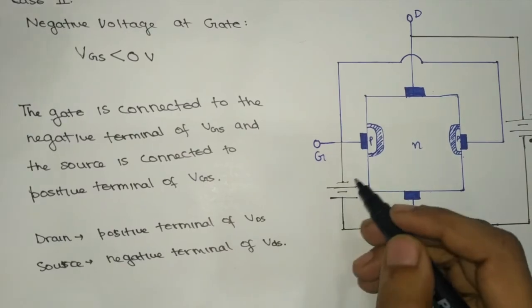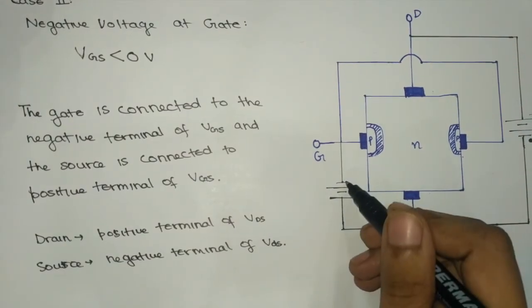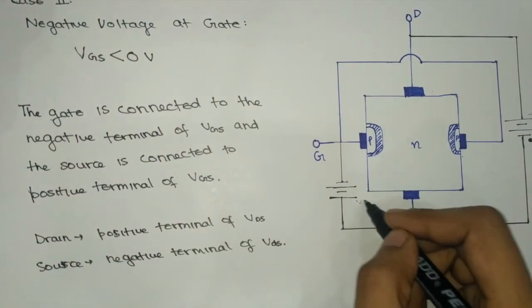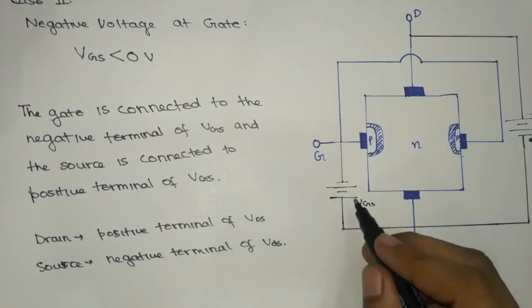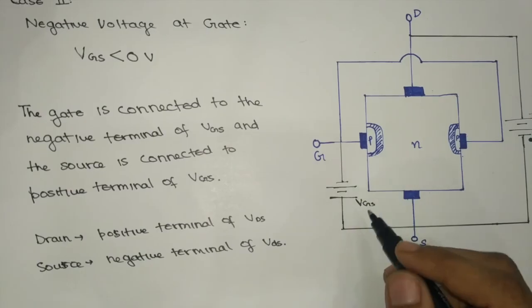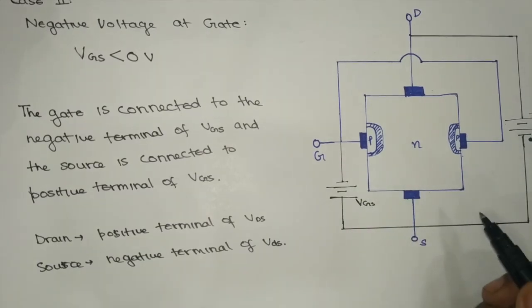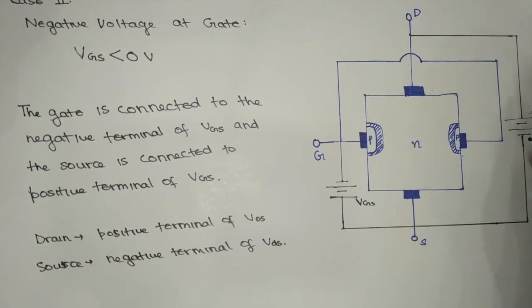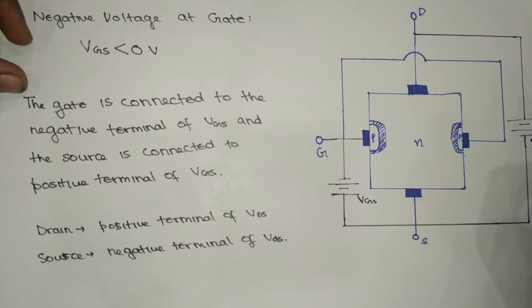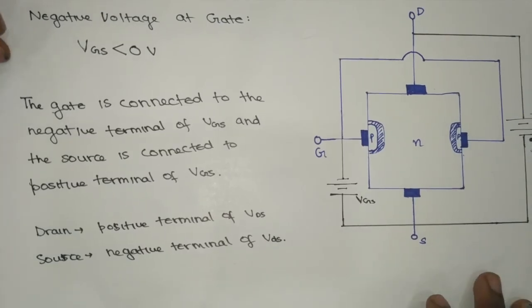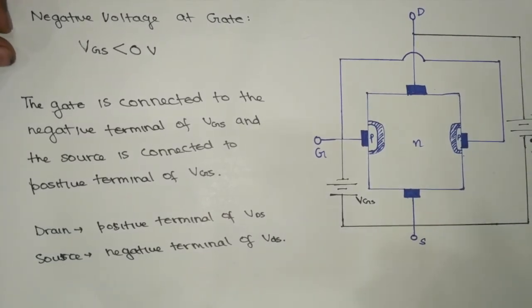So here the gate is connected to the negative terminal of the VGS battery and the source is connected to the positive terminal of the VGS battery provided. Similarly, as in the previous case, the drain is connected to the positive terminal of VDD and the source is connected to the negative terminal of VDD.